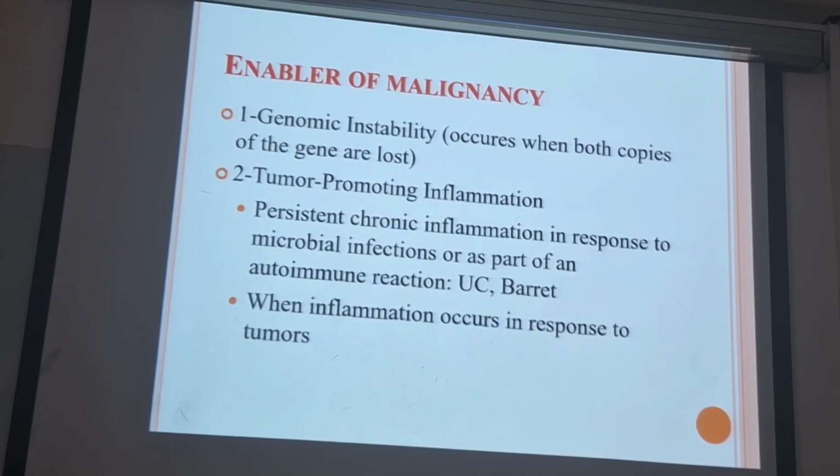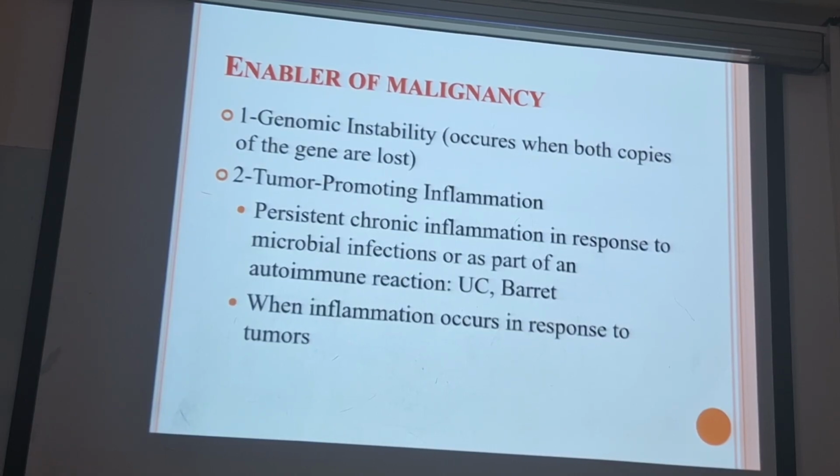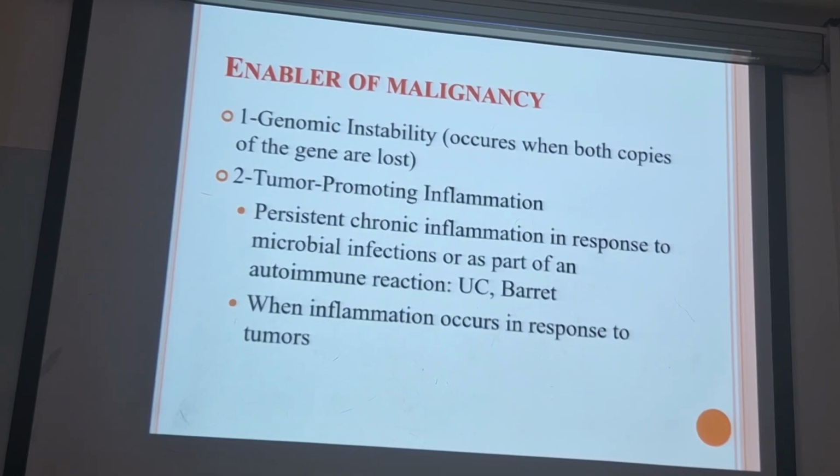For example, persistent chronic inflammation in response to microbial infections, or as part of an autoimmune reaction, like ulcerative colitis, a type of autoimmune disease, and also Barrett esophagus. Barrett esophagus is a condition where we have persistent chronic inflammation in the lower part of the esophagus because of acid regurgitation.